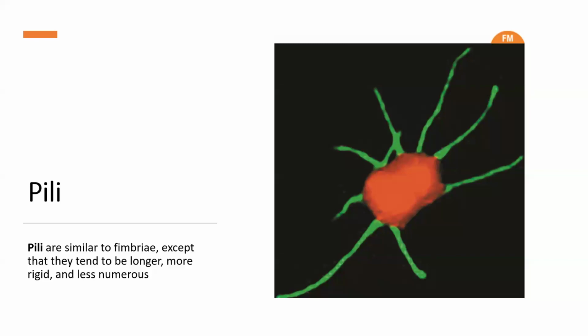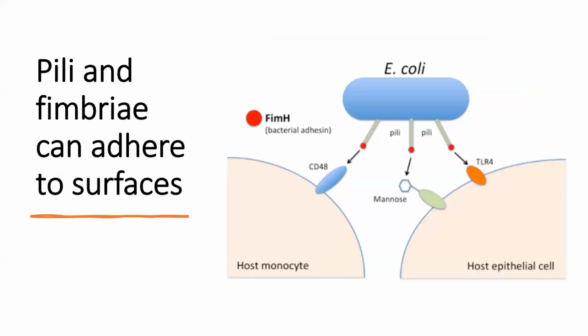And so I don't really differentiate between the two. I wouldn't intentionally try to make you pick the right answer between fimbriae and pili, although there are these slight differences that some people hold to.